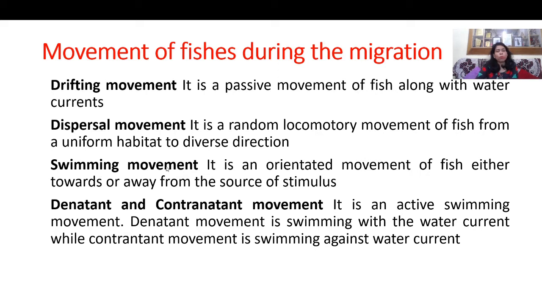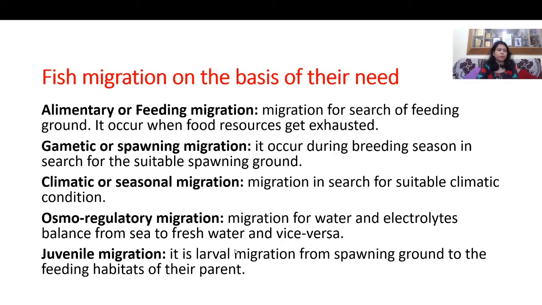Swimming movement is an oriented movement of fish either towards or away from the source of stimulus. Denatant or concomitant movement is an active type of movement. In denatant movement, it is swimming with the water current, and in concomitant, the swimming is against the water current.